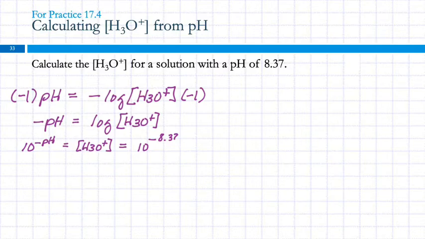On my calculator, there's an E and 10 on the same key, and if I press the button twice, I get 10 to the, and then I put in minus 8.37 and press enter. And my calculator is showing me this: 1, 2, 3, 4, 5, 6 to the 9th, so -9.